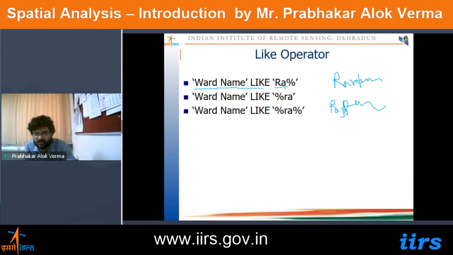So whatever name starts with RA will be selected in this case. In the second case, percentage RA, whatever names end with RA will be selected, and percentage RA percentage, whatever names have RA coming in between will be selected.